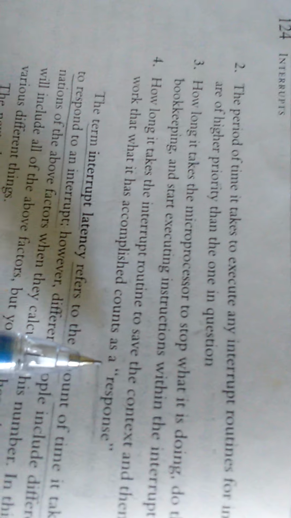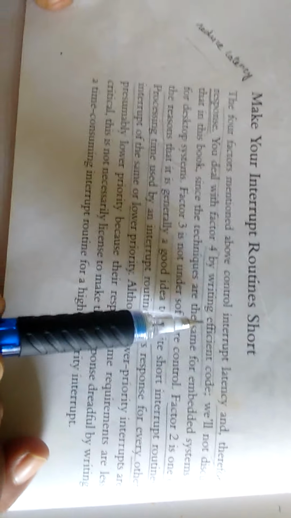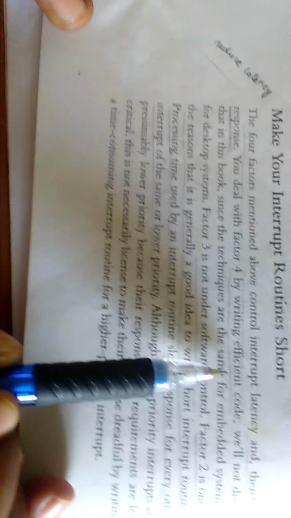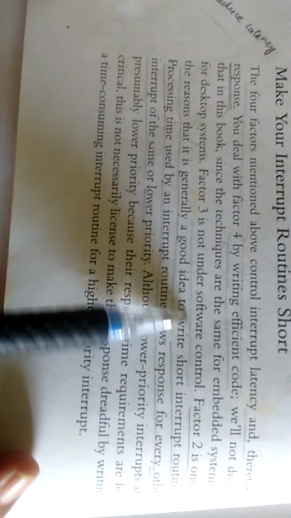We desire that as soon as an interrupt request comes to the processor, it has to be serviced. So, there are certain factors through which we can reduce this interrupt latency. The main intention is to reduce the interrupt latency. By writing efficient code, we can reduce the time it takes to respond to the interrupt. The context switching, that is factor 3, is not under software control.